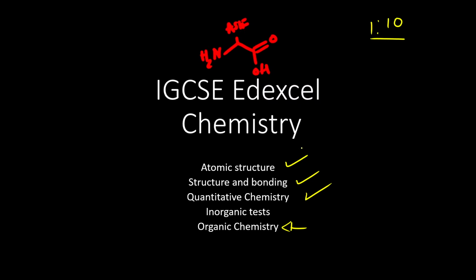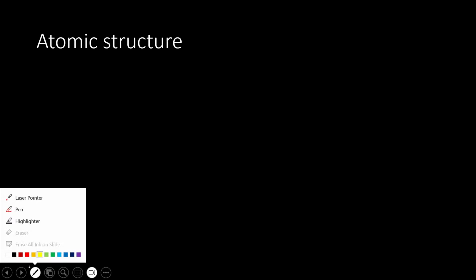Okay, let's get started. Atomic structure. Now, I'm going to be very interactive and ask questions on the board. So the atom consists of three subatomic particles. Can everyone tell me what the subatomic particles may be? You can respond in the chat.